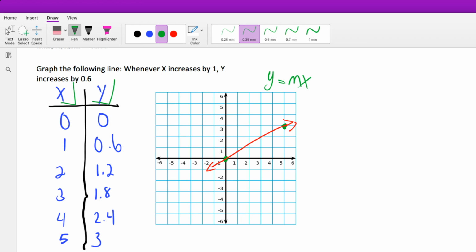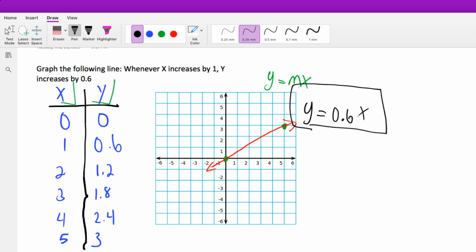We could, and I'll go a little further into detail on that in a second, but let me just show you. So y, we're going to leave exactly how it is, equals m. We don't have any m's on our screen, but I promise you that m just means slope. I'm not sure why, but that's just what it means. We know our slope is 0.6 because we already figured that out, and then we leave our x the same. And this is our equation.